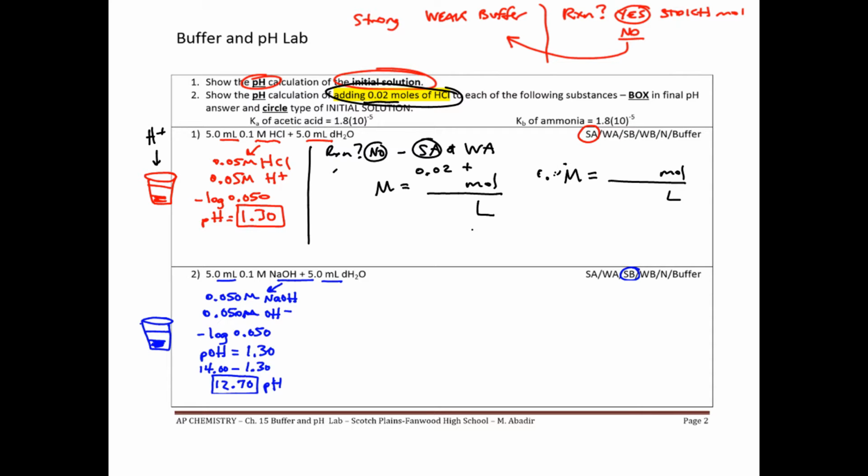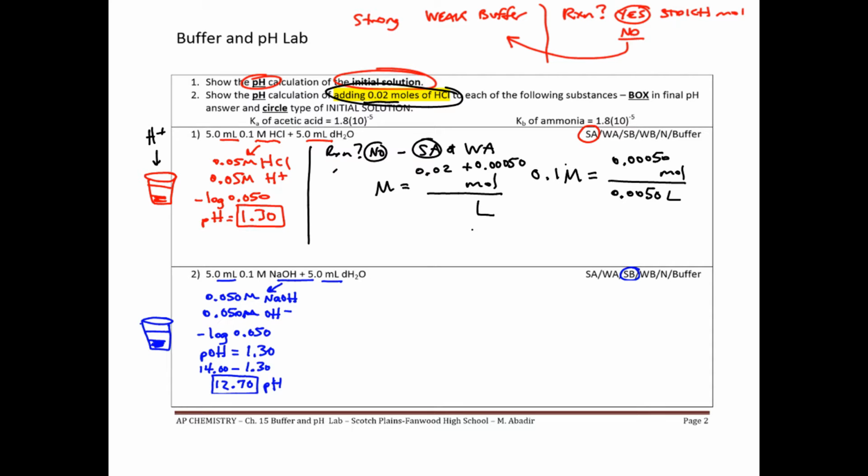So let's just take the original strong acid that we had, and we had to get the total moles from that. So it's going to be 0.1 molar, and it was 0.005 liters, so that's 0.0005 moles.